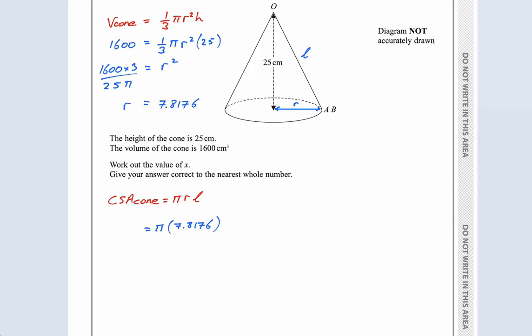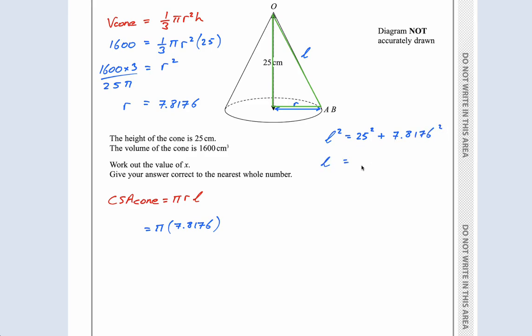Okay, this is a right angle triangle here, and I have this length, I have r, I can find L using Pythagoras' theorem. So L squared, the hypotenuse squared, is equal to 25 squared plus r squared, which is 7.8176 squared.